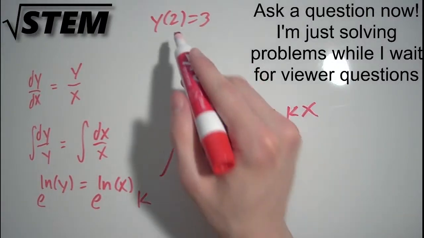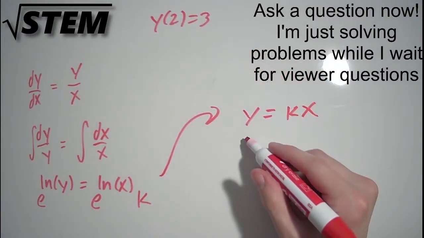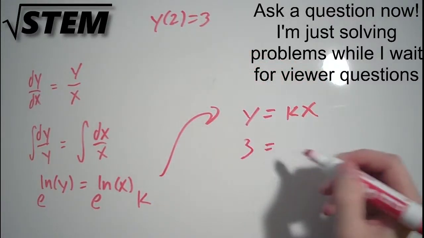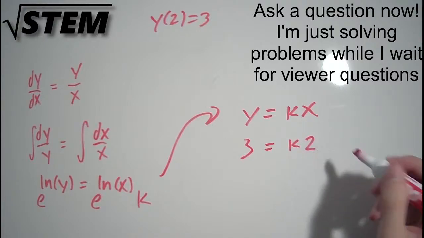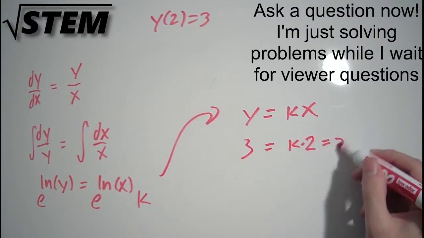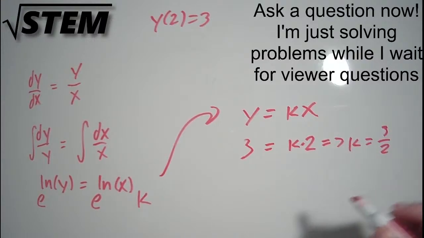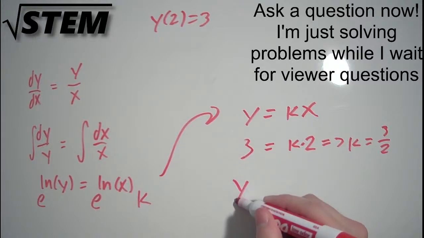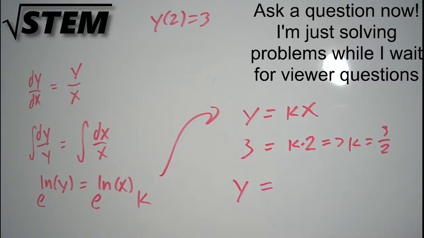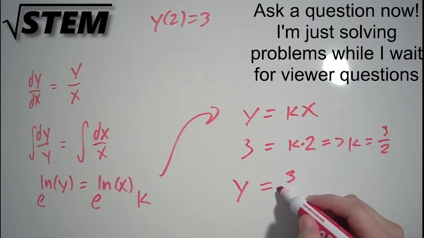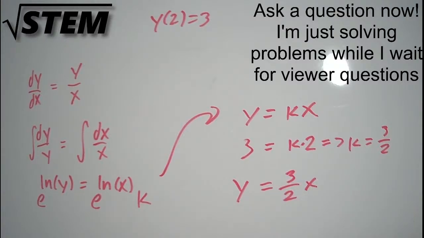So when x equals 2, y will be 3. So we know that 3 equals k times 2. Thus, k equals 3/2. And our particular solution for this is going to be y equals 3/2 x. That one was way quicker than I thought it would be.